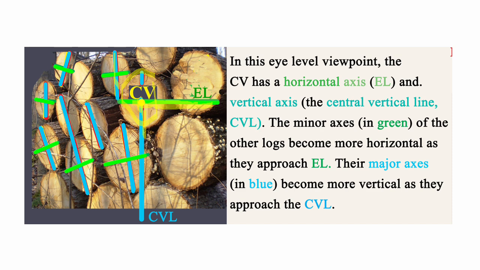Now, for the minor axes of all these other ellipses, you can see that they get more horizontal as they approach the center of vision. The major axes, these blue axes, become more vertical as they approach the center of vision. And if you were to follow them down, you would find that they all converge toward the nadir.